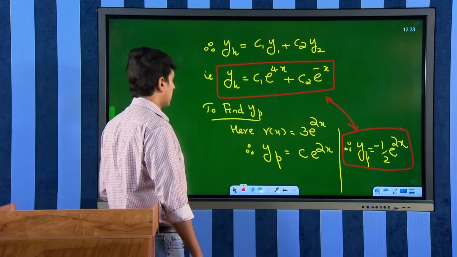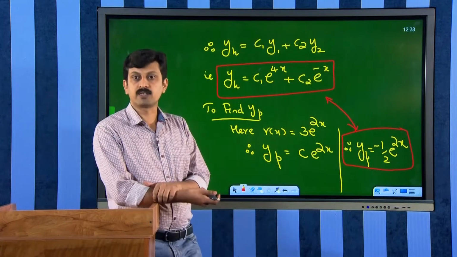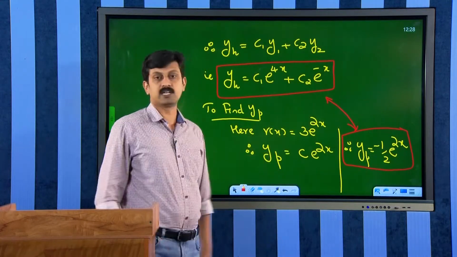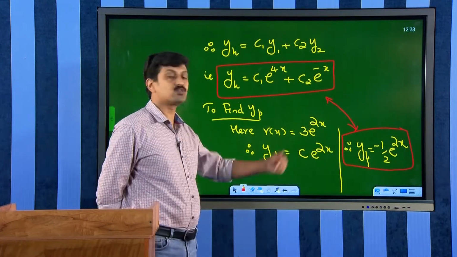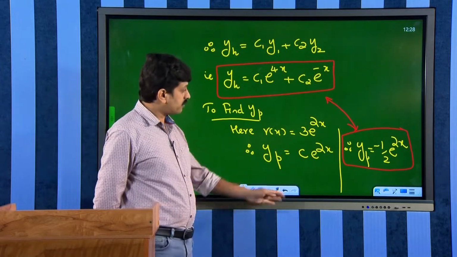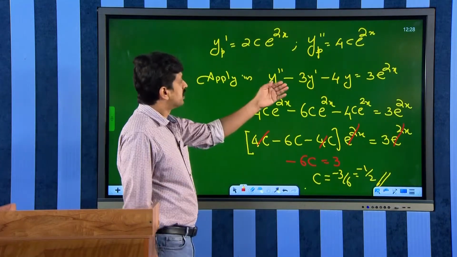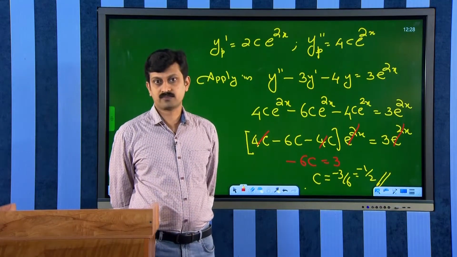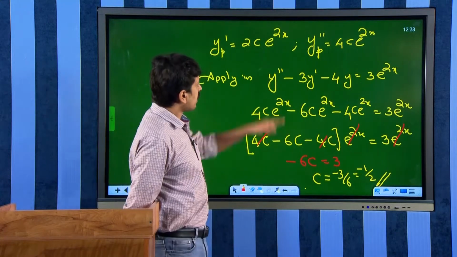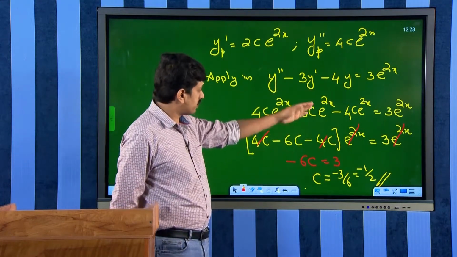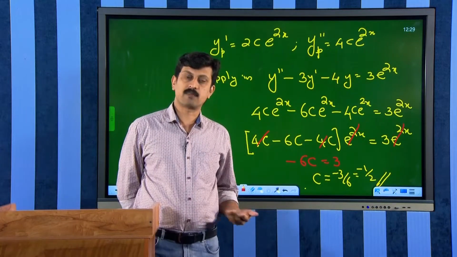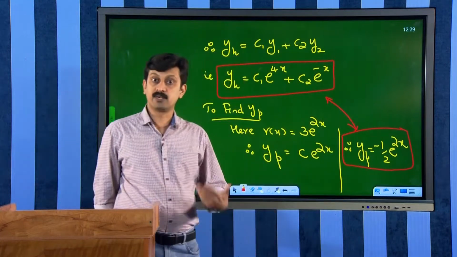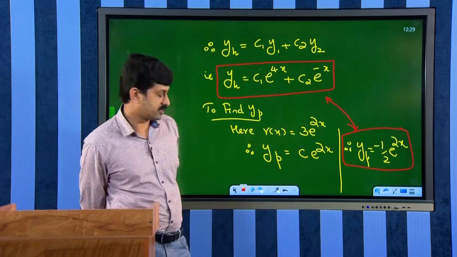After finding yh, the complementary function, we just evaluate yp as c e raised to some px, here it is 2x, therefore c e raised to 2x, and then we find yp dash and yp double dash, and apply the original differential equation that we have been given to solve. After applying that, we can find the value of c, and by putting the value of c in this yp, we will have the particular solution for the non-homogeneous equation.